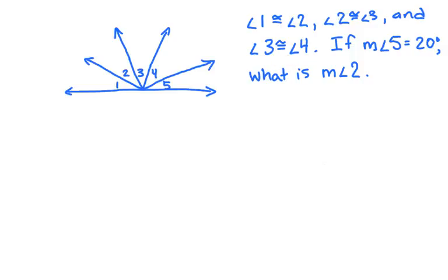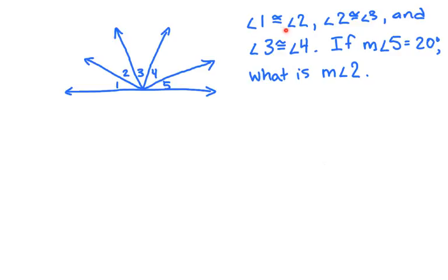So all in all, we can say 1 is congruent to 3 by the transitive property. And if that's true, 1 is congruent to 4 also. Same goes with 2. 2 is congruent to 4, all with the transitive property.